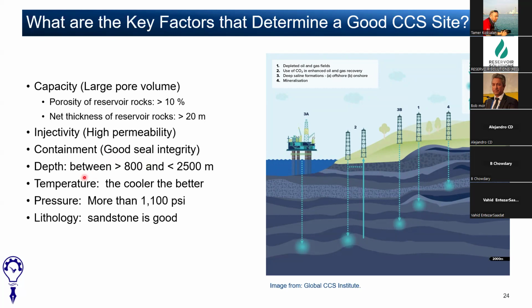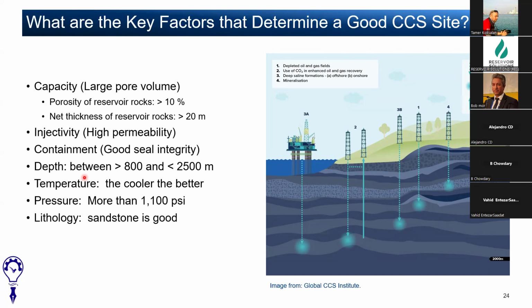Depths between 800 and 2,500. Why 800 meters? To ensure that the maximum amount of CO2 can be stored in supercritical condition. And why should it be less than 2,500?